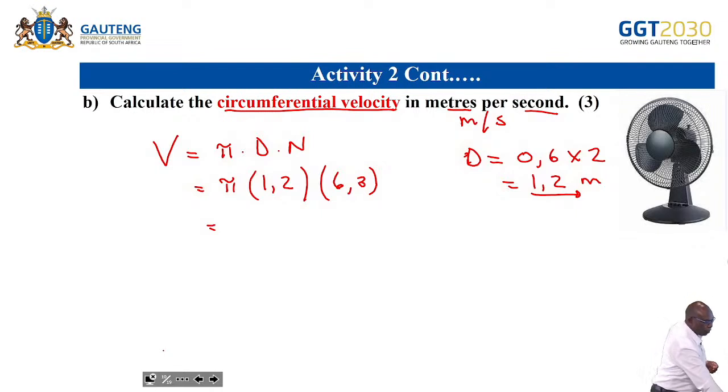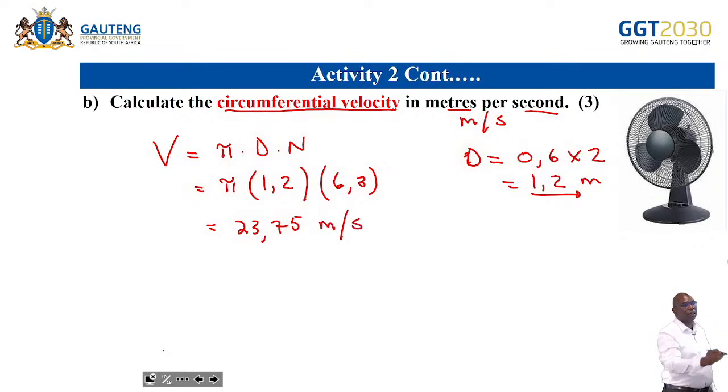Then I'm going to take out my calculator and calculate pi multiplied by 1.2 multiplied by 6.3, and then I'll have my answer, and I want my answer in decimals, which is 23.75.